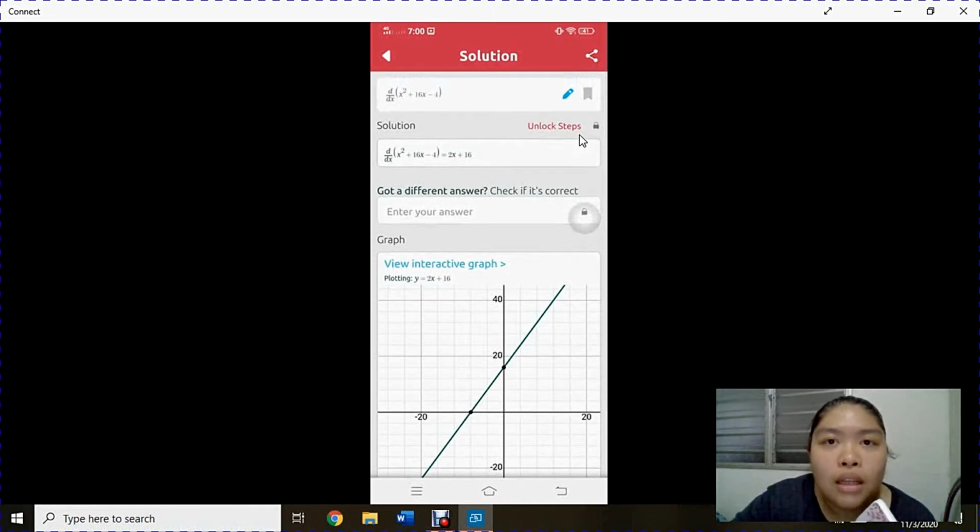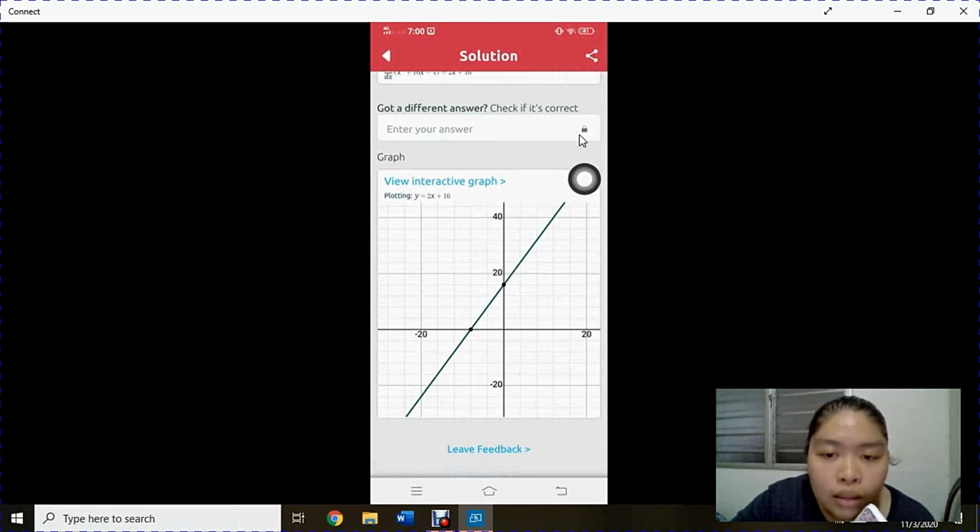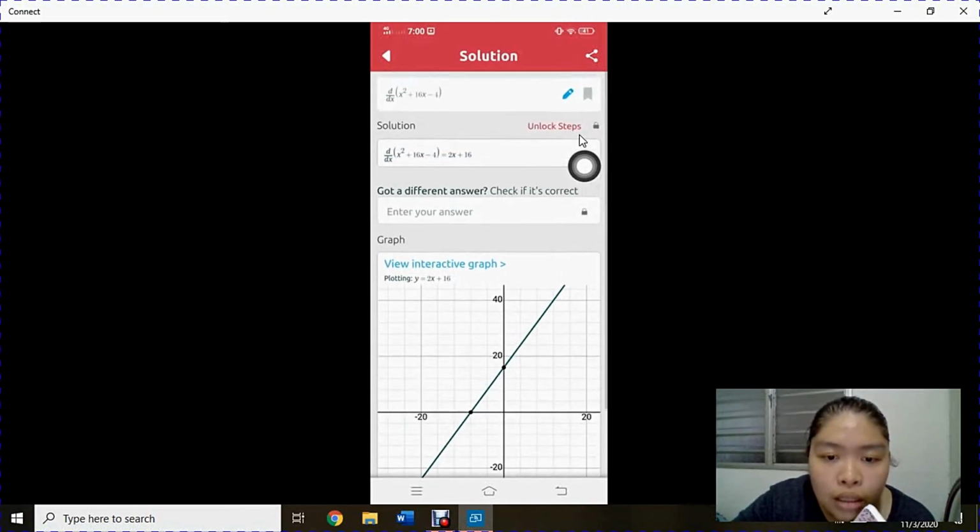So once again, this Symbolab app enables us to see the correct answer to a question, which makes our life much easier and more convenient to know the right answer. What is interesting about this application again is they actually show us the graph for the answer.